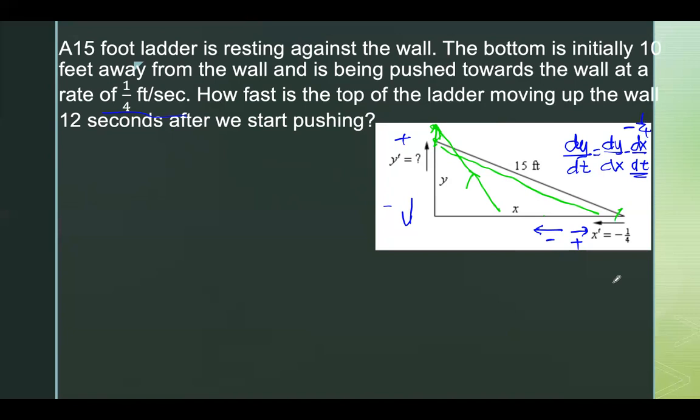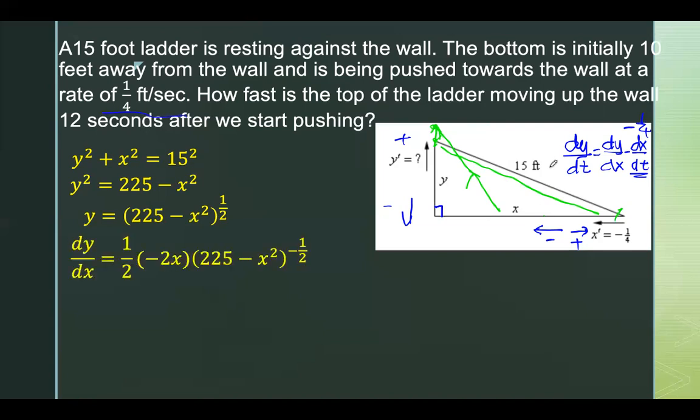So let's do part C. y squared plus x squared equals 15 squared. How do I get this? You use Pythagoras theorem, because we want to find the relation between y and x. So y squared equals 225 minus x squared, therefore y equals (225 minus x squared) to the power of half.